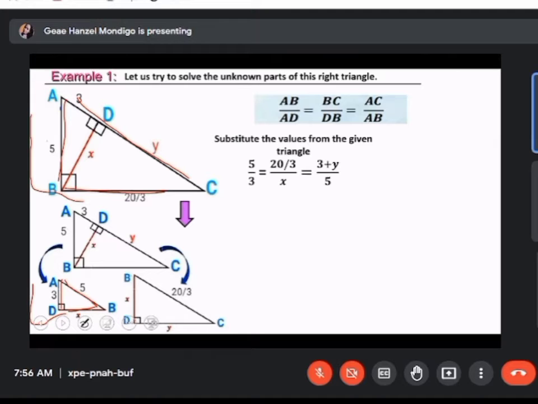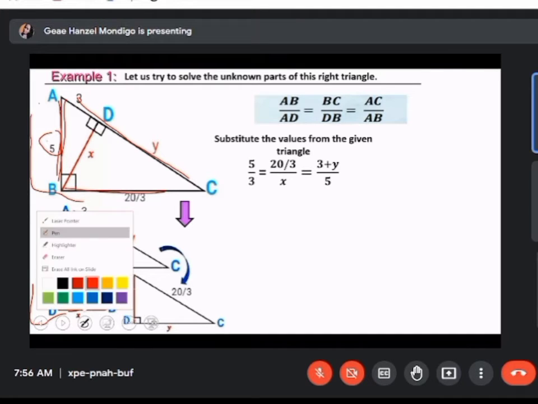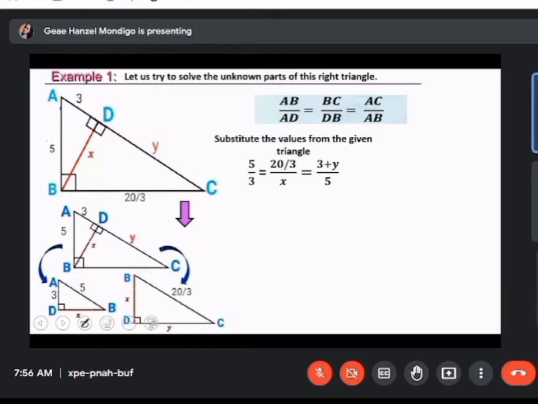Then we have AB over AD, the 5 over 3. So we have 5/3. Another one, BC over DB, we have 20 over x.